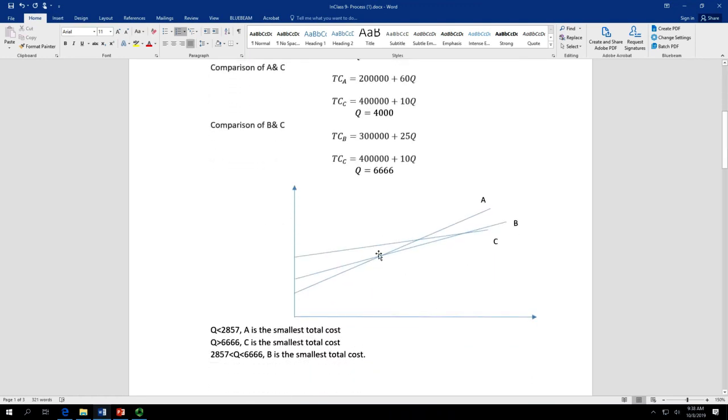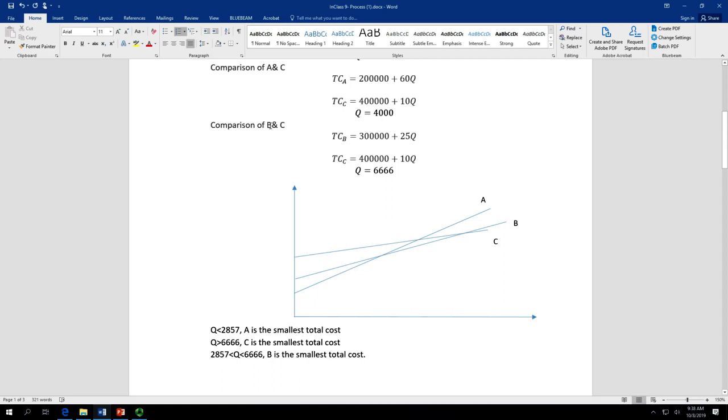For example, we have 2857, which is this point. And another crossover point is 4000 over here, which is A and C. When you look at the lines, it is A and C.